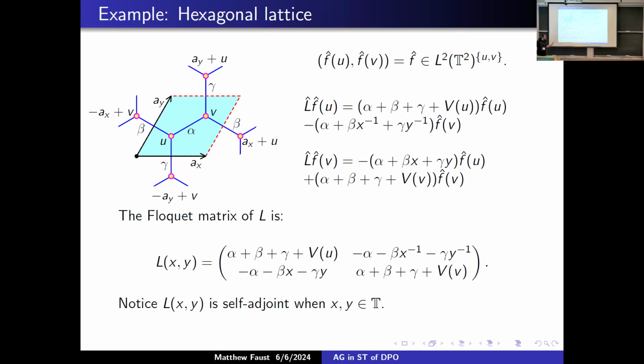We just continue in this manner. Once we start collecting these coefficients, we get our Fourier matrix, L of x, y. One thing to notice, and this is why I assumed initially that those functions V and E are real: if we have X and Y restricted to the unit circle, this is self-adjoint. So all of our eigenvalues are real for this matrix.